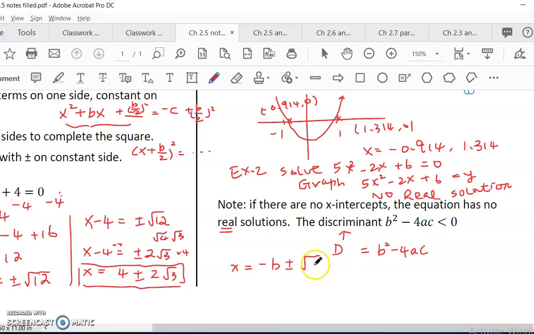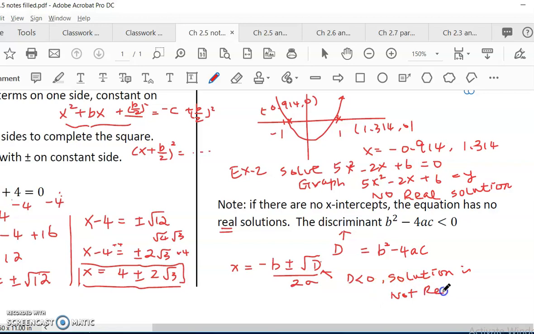If this is less than 0, you must have i. So this is negative, means the solution is complex. It's not real.